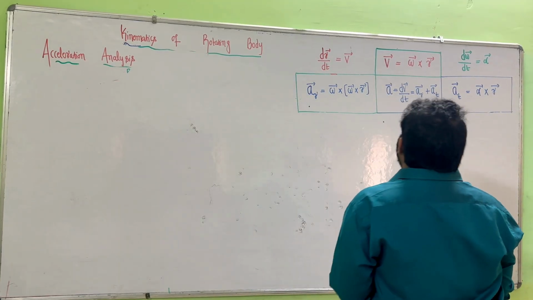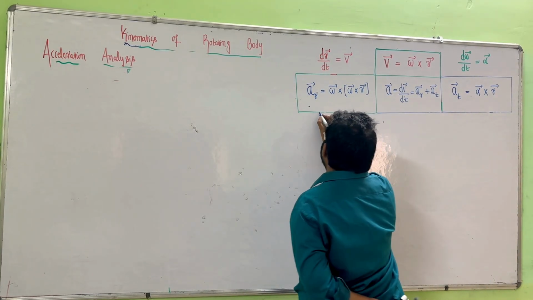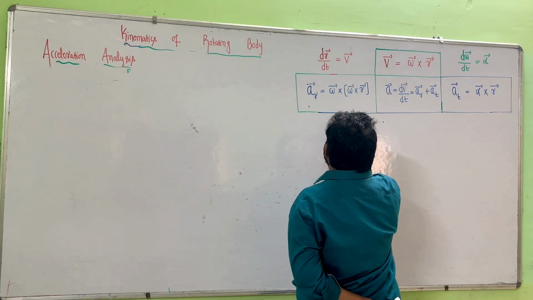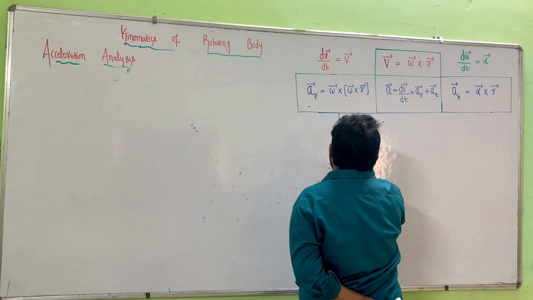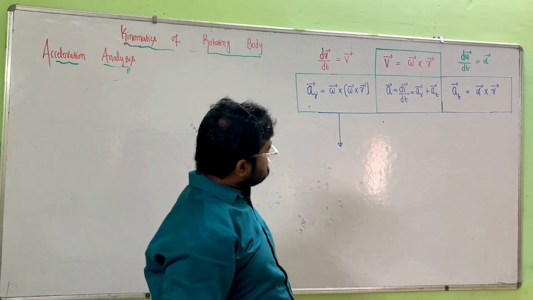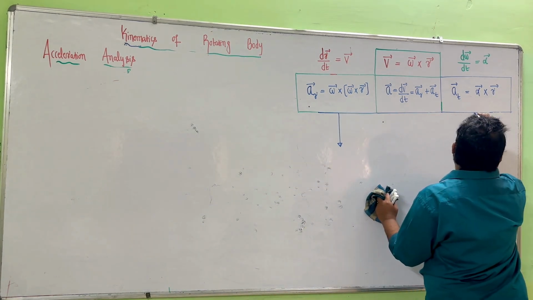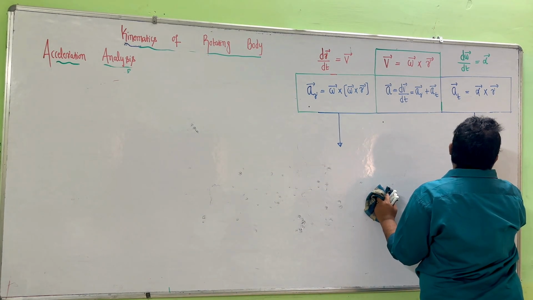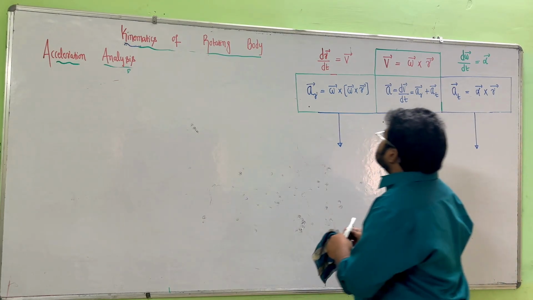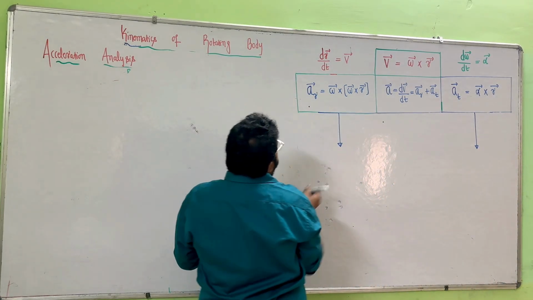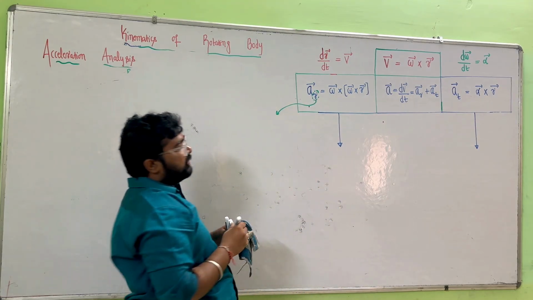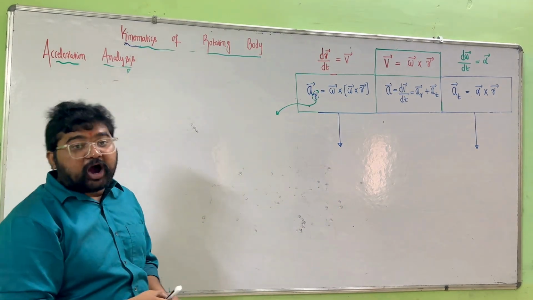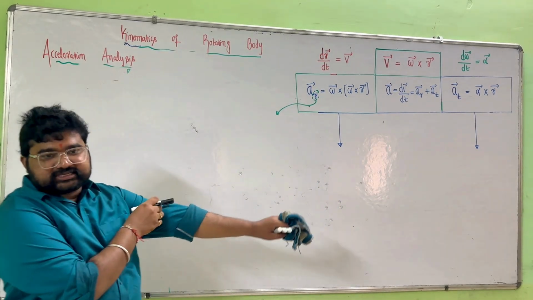Okay. So now, here, this is tangential. So here, this is what? Centripetal acceleration. Opposite to the centripetal acceleration.